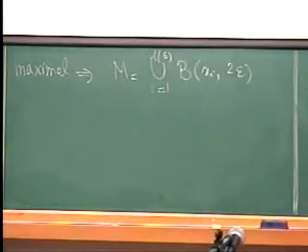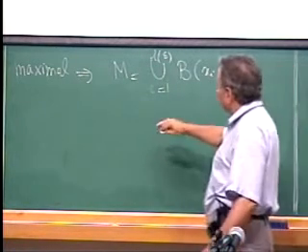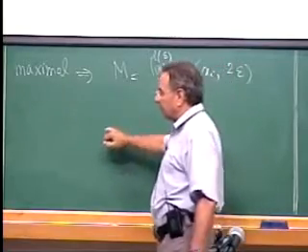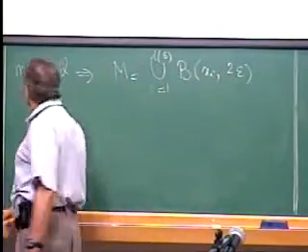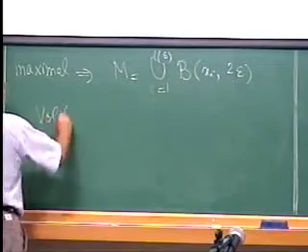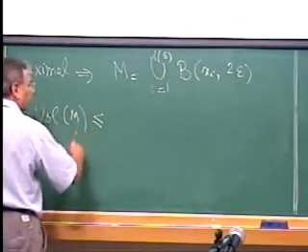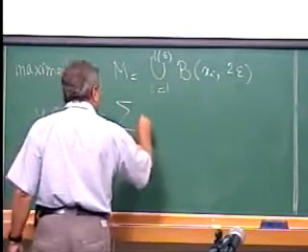Okay? So now I can say two things. First of all, I can give some estimate of this number. Okay, so we'll write that the volume of M is less than the sum of the volumes of the balls.